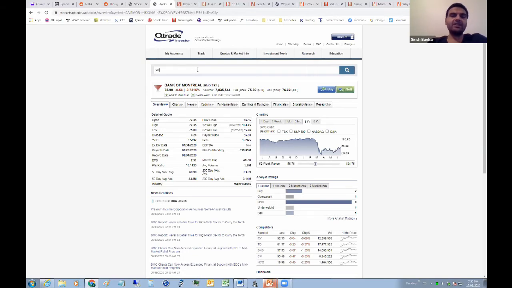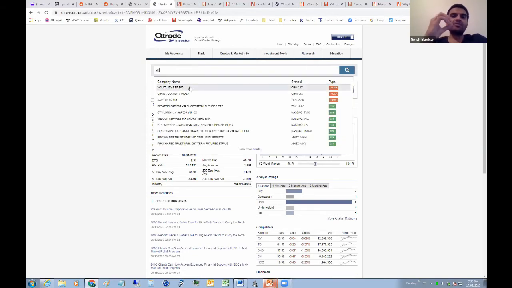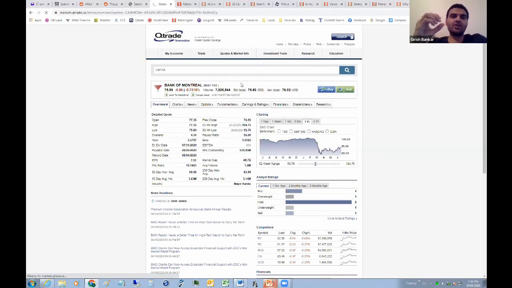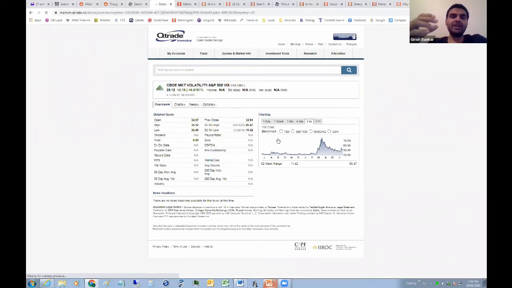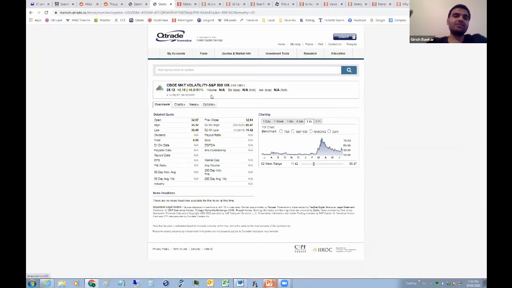So you're comparing the price volatility of individual stocks to the volatility of the whole index you're comparing it to. For example, if you have Microsoft from the S&P 500 and you're comparing its volatility to the S&P 500, the whole index where it comes from, that gives you a beta.